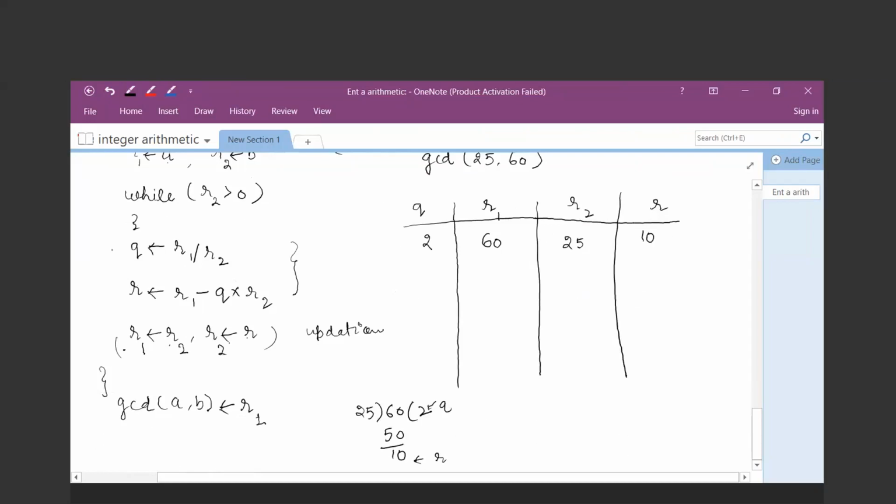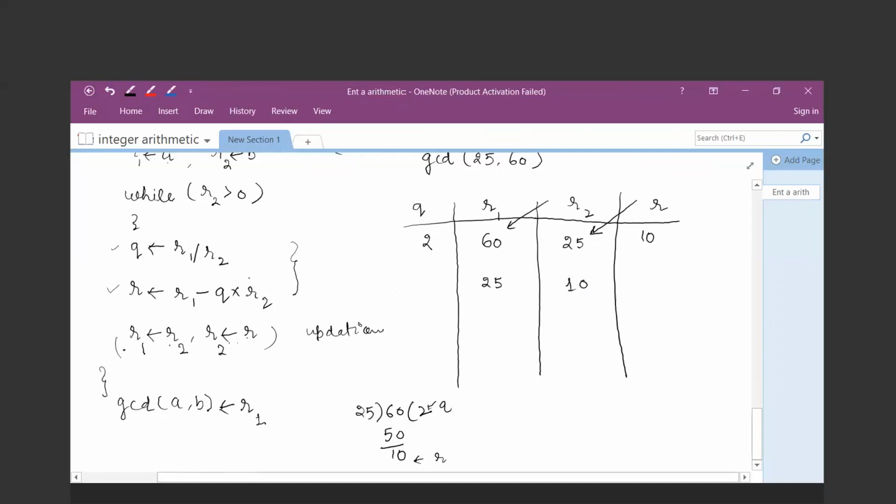Now my quotient and remainder are calculated. The third step is to update the values of R1 and R2. The value of R2 becomes the value of R1, that is 25, and the value of R becomes the value of R2, that is 10.